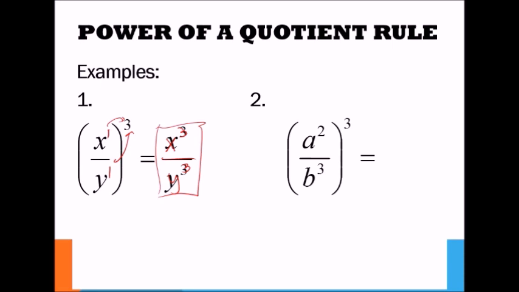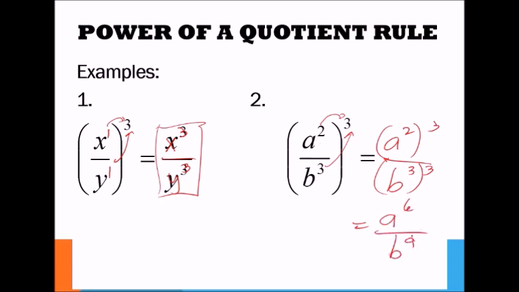You'll notice we are not actually dividing here. This is a fraction because their bases are different. So, again, multiply, since it is repeated: a squared raised to the third and b cubed raised to the third. So, the final answer is a to the 6th, b to the 9th power.